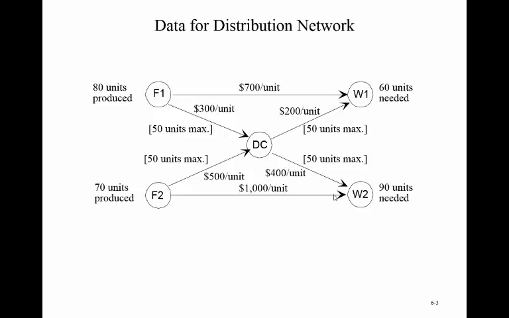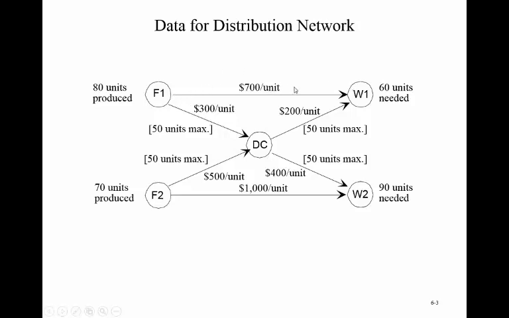Here's sort of a more just numeric description of the network model, but now we've added some data. We still have the amounts produced from the factories and the amounts demanded by the warehouses, but now on each of the arcs, and an arc is represented as a connection between any two locations in the network. So for example, this top arc connects from factory 1, F1, to warehouse 1, W1.